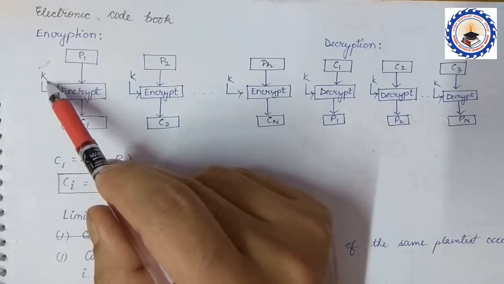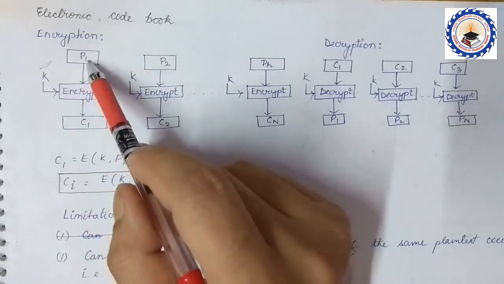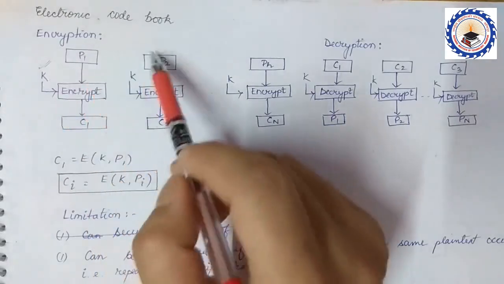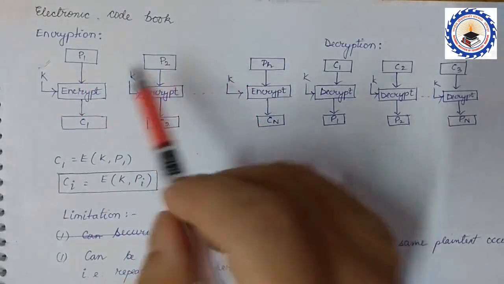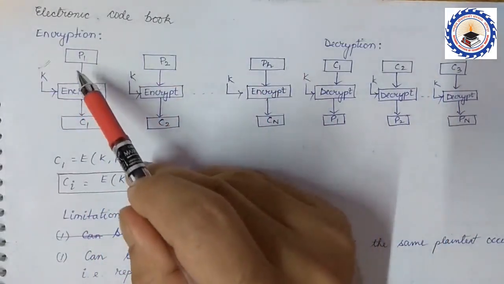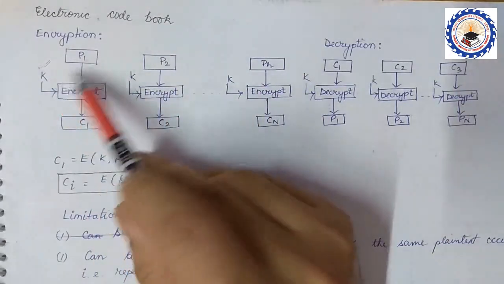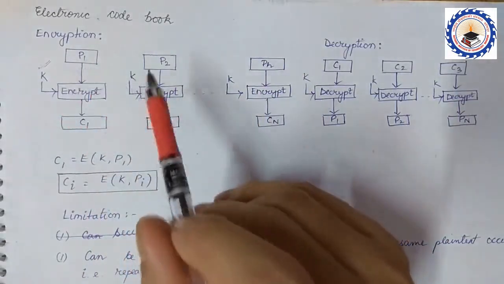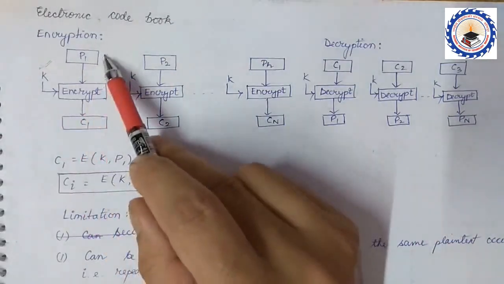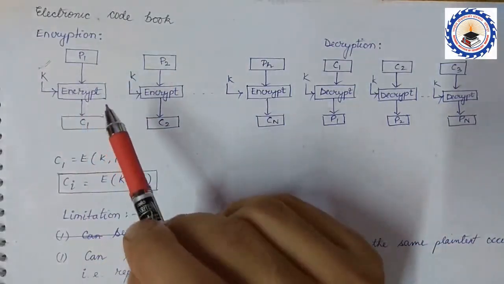The size of the key is equal to the size of the plain text block. I mean the sizes are equal, not the values. Only the sizes are equal. If it is 64, it will be of 64 bits here.